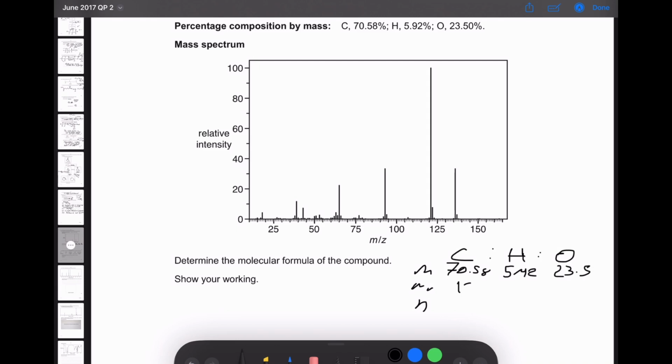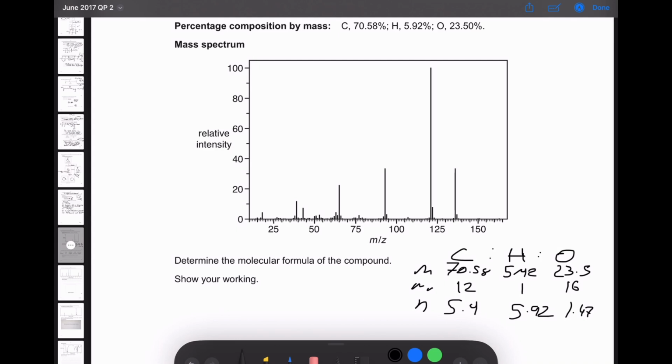Divided by the Mr, 12, 1, and 16. 5.92 divided by 1 is 5.92. 70.58 divided by 12 gives us 5.88, so 5.9, and then 23.5 divided by 16 gives us 1.47.